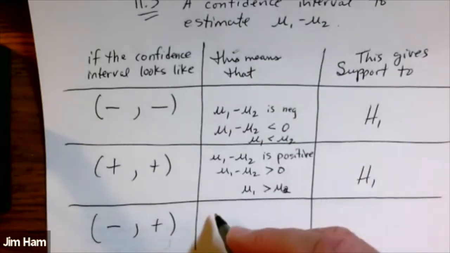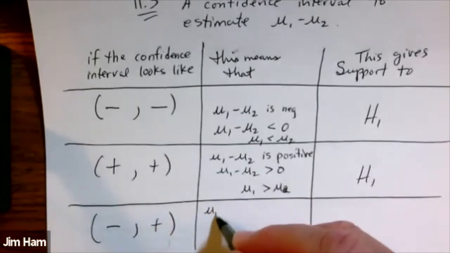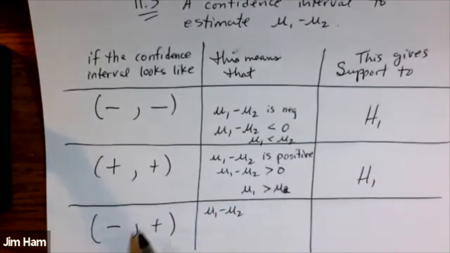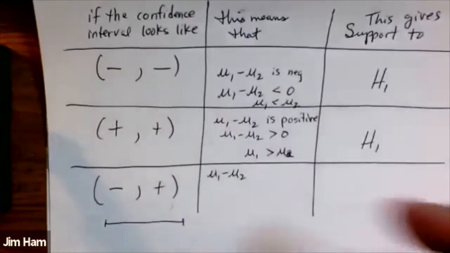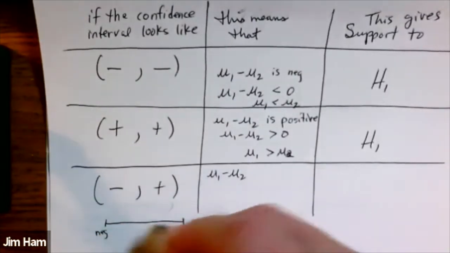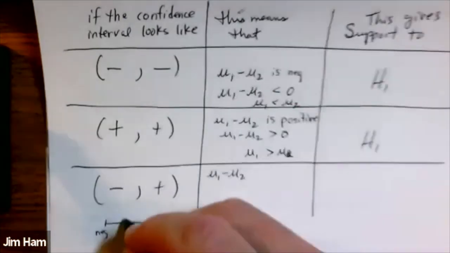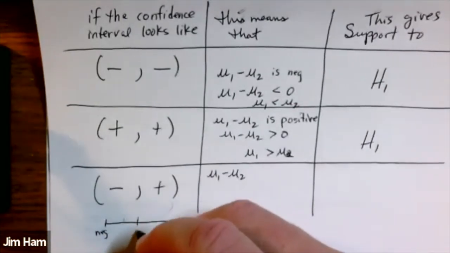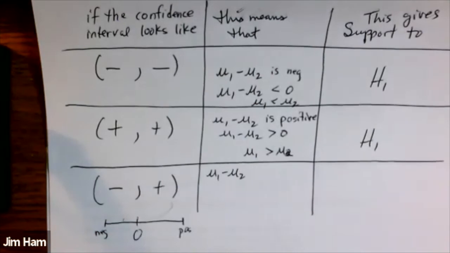Okay, and then the third scenario is that if we're estimating mu1 and mu2, and we say that we're 95% confident that the difference is in this interval. Here we have a negative number, here we have a positive number. So zero's in there somewhere. We don't know where. Could be over here, could be over here, but somewhere in the interval. Zero's in the interval.